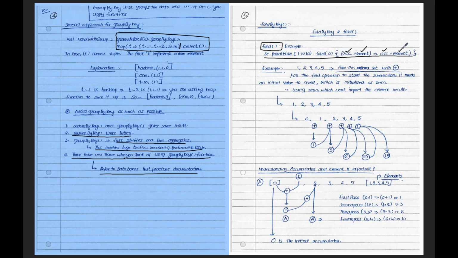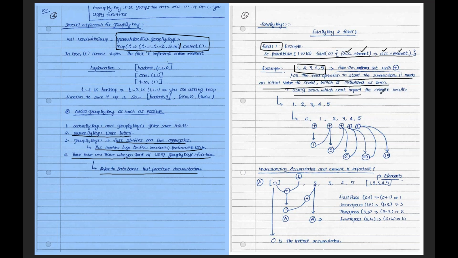Let me explain that one. Example, let's take 1, 2, 3, 4, 5. When I say fold this set, for the fold operation to start the summation, it needs an initial value to start, which is 0.